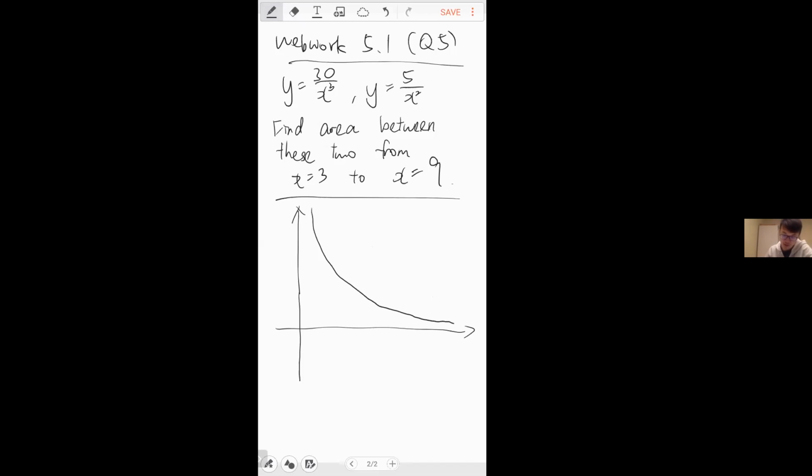Yep, you set them equal. So you want to find out whether they have intersection points or not, so you set the two functions to be equal. And then what? How do I solve this equation?